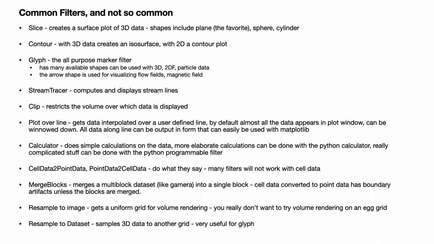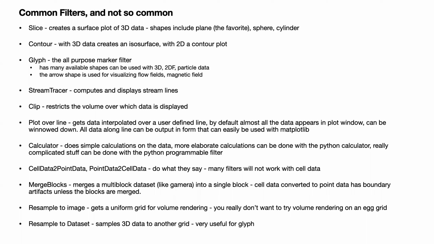You can use a sphere or a cylinder and plot the 3D data on that. There's contour, which is a little bit of a misnomer. In 3D, it creates an isosurface or a bunch of isosurfaces. In 2D, it ends up being a contour plot.